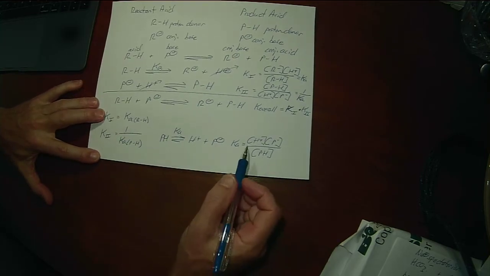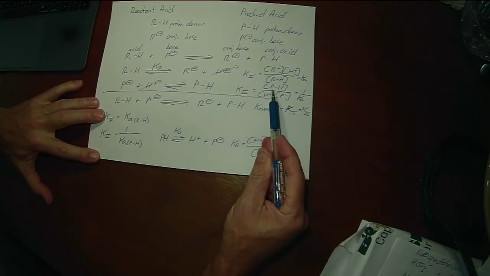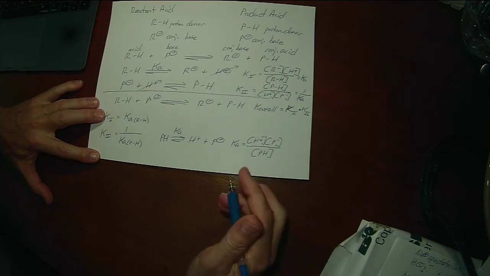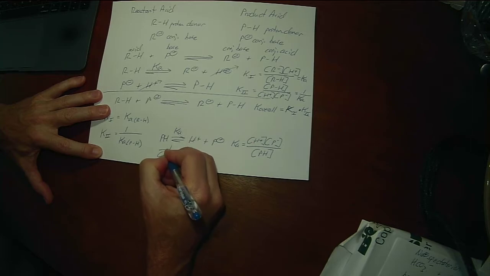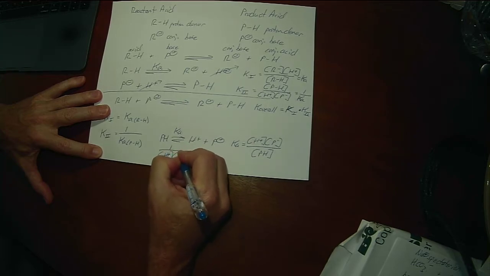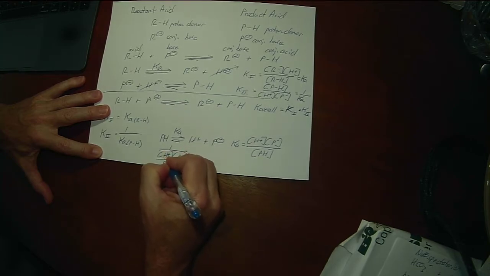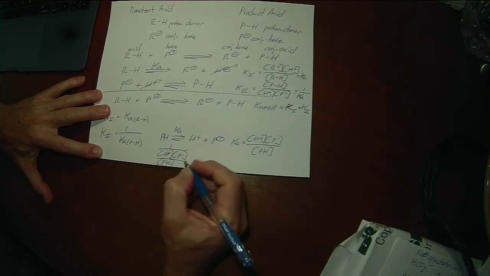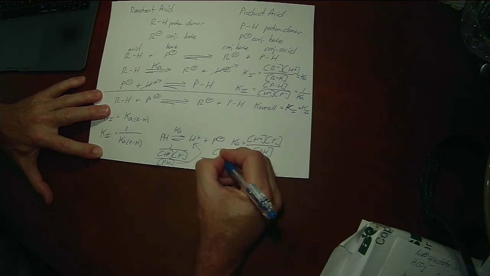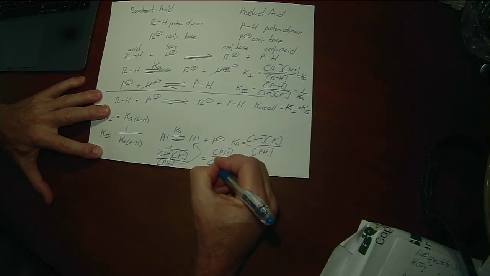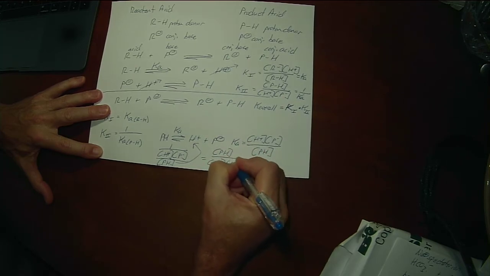So if you've got the inverse, if you've got the PH in the numerator, when you take 1 over H plus times P minus over PH, the denominator goes up into the numerator, and that becomes PH over H plus times P minus.